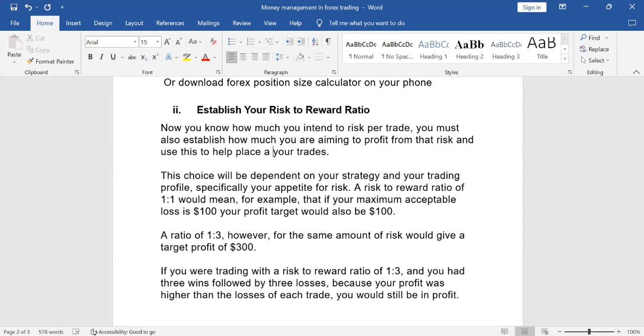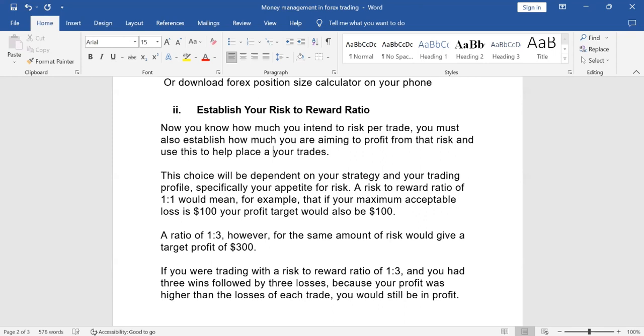What this is saying is that if you are risking $10 in your account, you must not look for a profit of $10. Your profit will be either 1:2, 1:3, 1:4, 1:5. Let me explain to you.